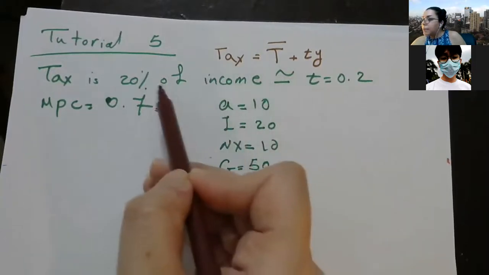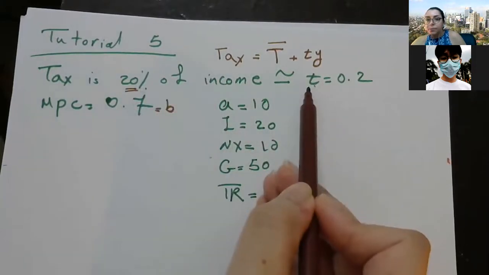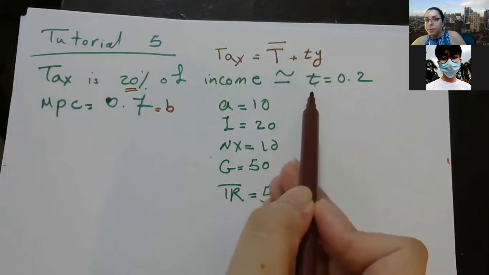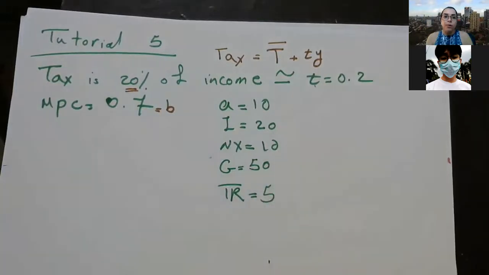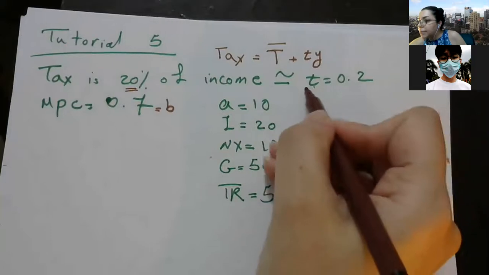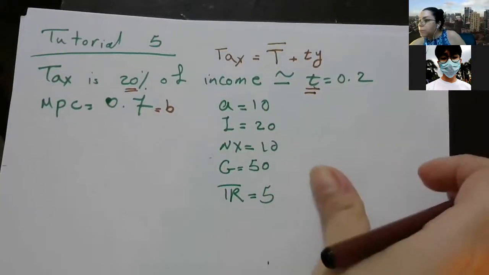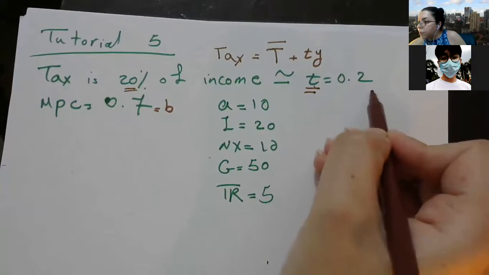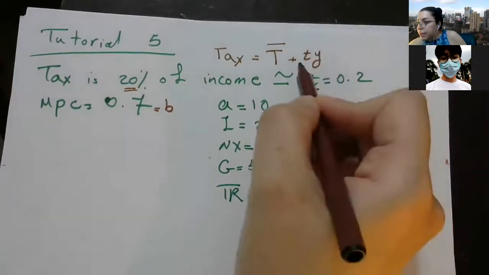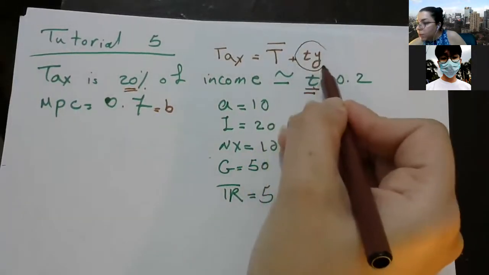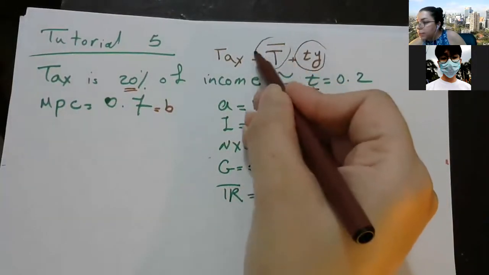That is our tax rate. If I want to talk about how much the induced tax is, this is my tax rate, 20%, but the induced tax means you have to put Y here. So induced tax is this component, t times Y, and this component is the autonomous tax.